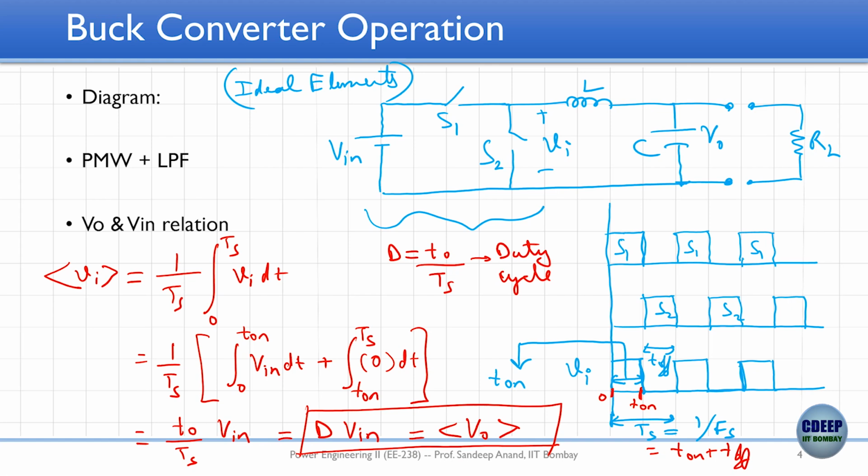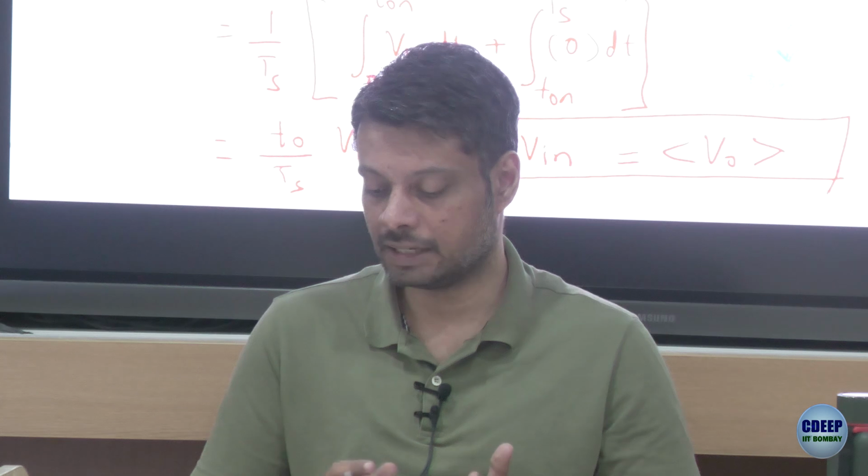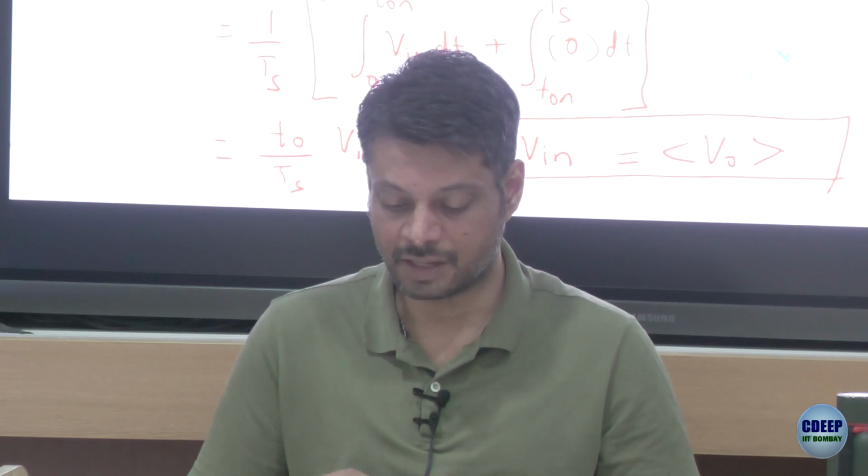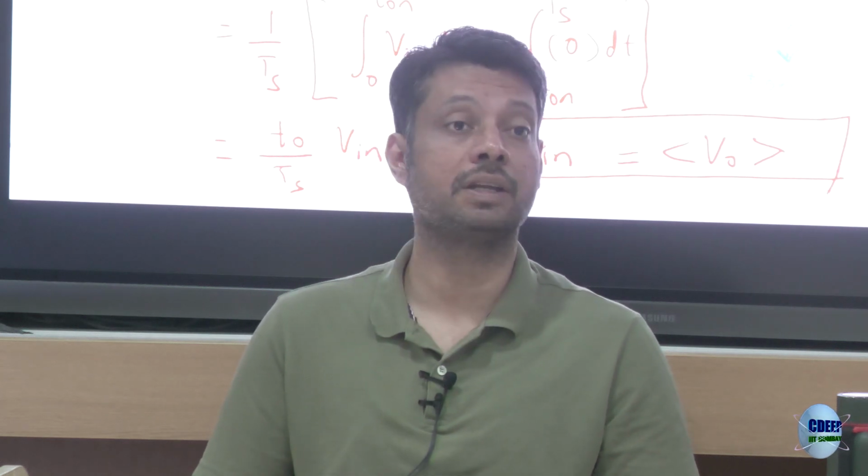And this is what you get in buck converter, right? So you can find it this way, or you can find it another way, which I think some of you may know, but anyways we will still derive it in the subsequent slides. You can look at it whichever way helps you to understand, but the basic operation remains the same. Any question in this one?